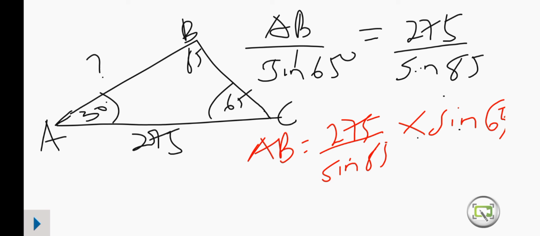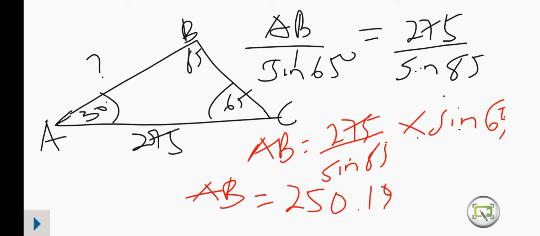Sorry, let me shift it to the side. So we have AB equals 275 on sine 85 times sine 65. Pressing this on the calculator, this will give us 250.19. But remember, it says to the nearest ten, so it should be approximately 250 meters. So that is for AB, 250 meters.